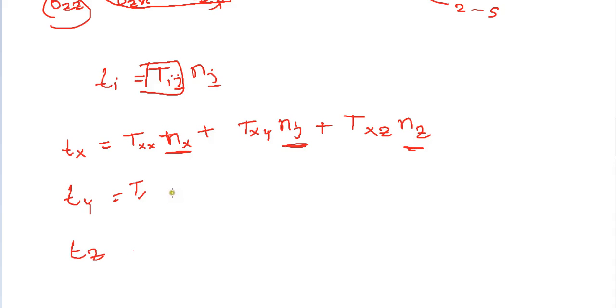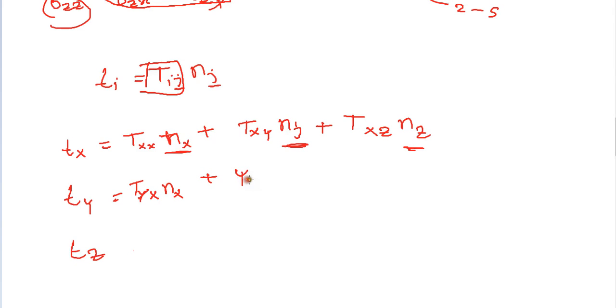I think I made a mistake here, because no, I didn't. So I can write it down this way or something like that, right? So we can write down here y, yx, and x, right?